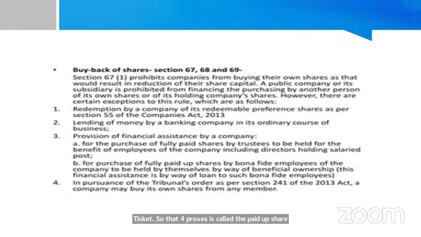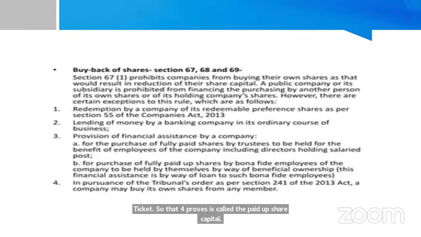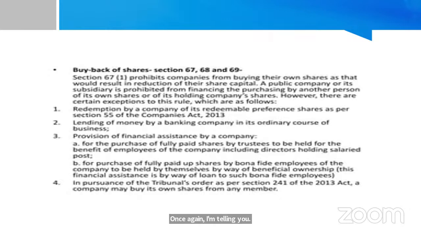Once again, I'm telling you, the memorandum is saying that, let's say company XYZ, the total amount during its lifetime it can raise through share capital, be it equity share capital, be it preference share capital, is 100 crores. That is called authorized capital or nominal capital. Okay? Point number 2.